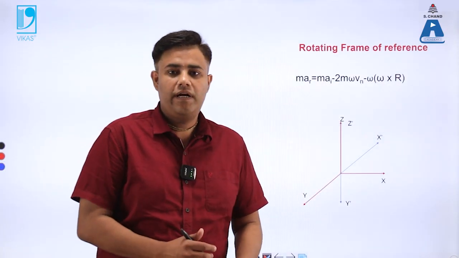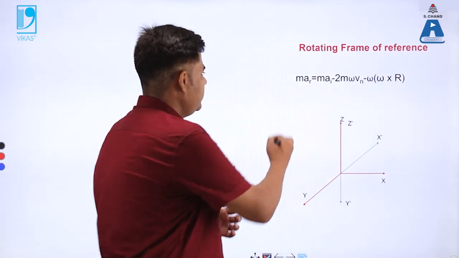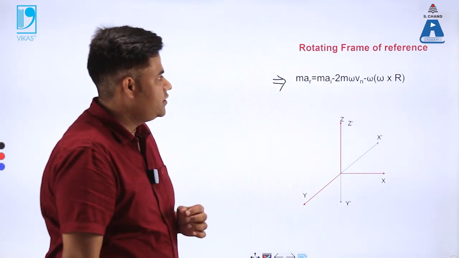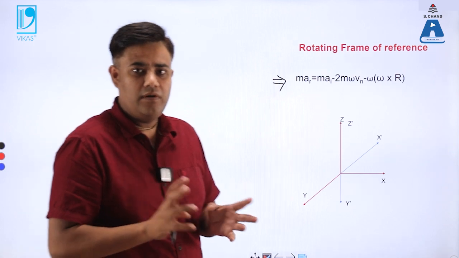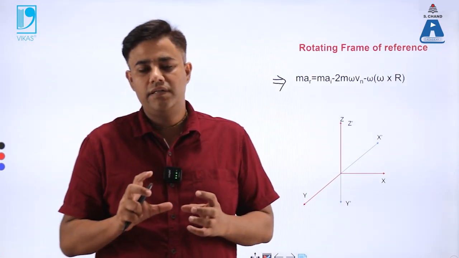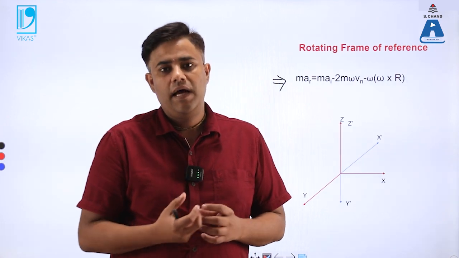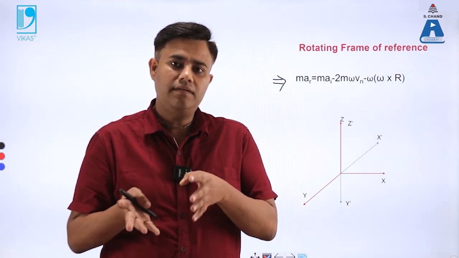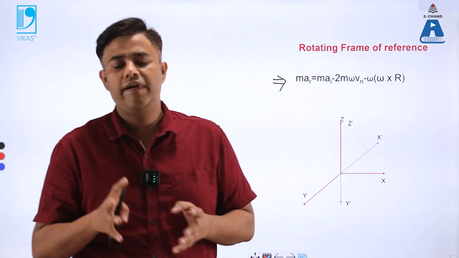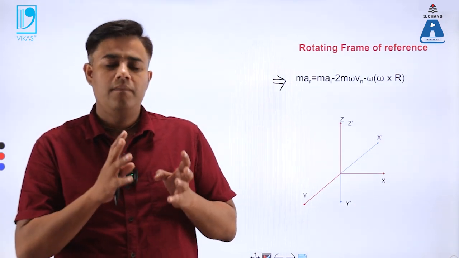The derivation that I am talking about is particularly related to rotating frames of reference, and the example of this rotating frame of reference is the Earth. I told you that the Earth is rotating about its axis, and so the frame of reference is also rotating with respect to a fixed or stationary point.